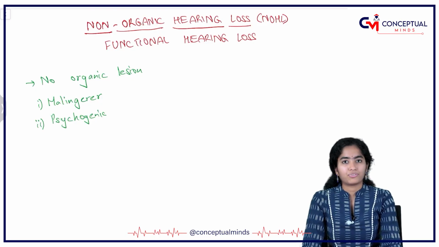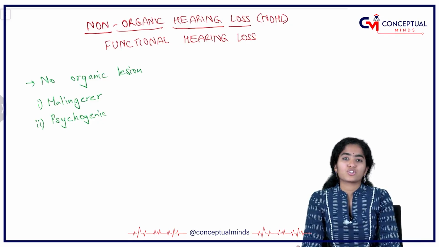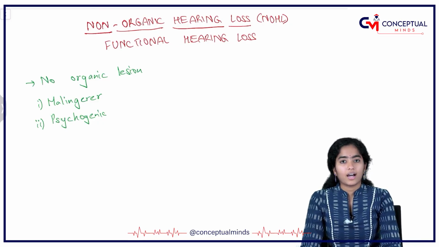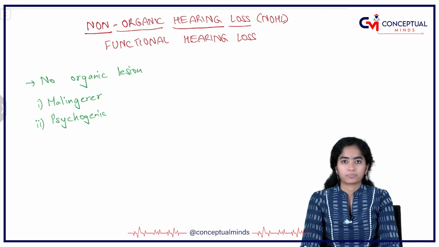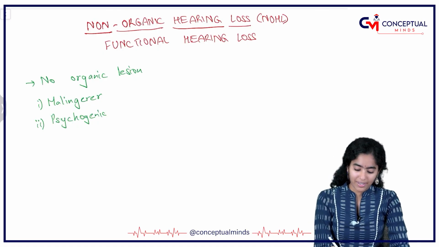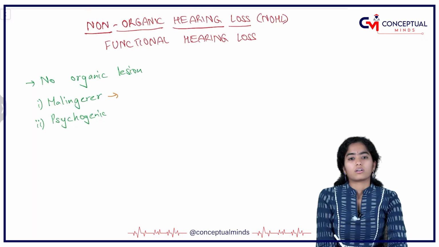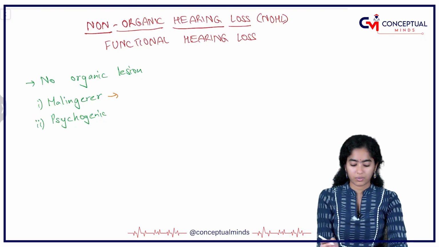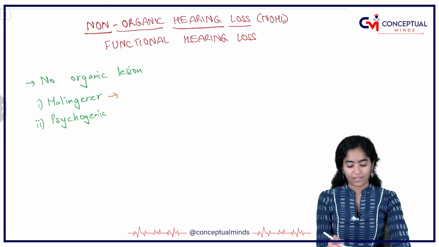To get some benefit. As we have learnt, noise-induced hearing loss and some occupation-related hearing loss are eligible for compensation from the side of the employer. Or to claim some other benefit, a person might feign deafness.